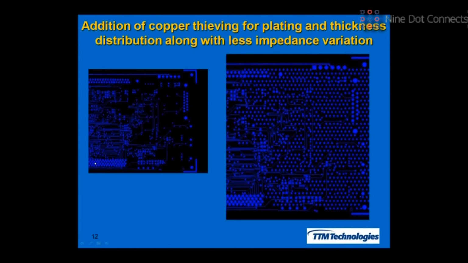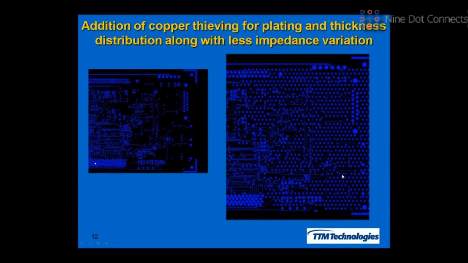Adding of copper thieving: you take a layer, inner or outer, and you have some areas that have a lower copper density compared to other areas that have a higher copper density, and you add a certain percentage of copper dots, in this case they're dots, and you bring up the uniformity of that layer. In this case, you might have the same percentage of thieving area as where the traces are.